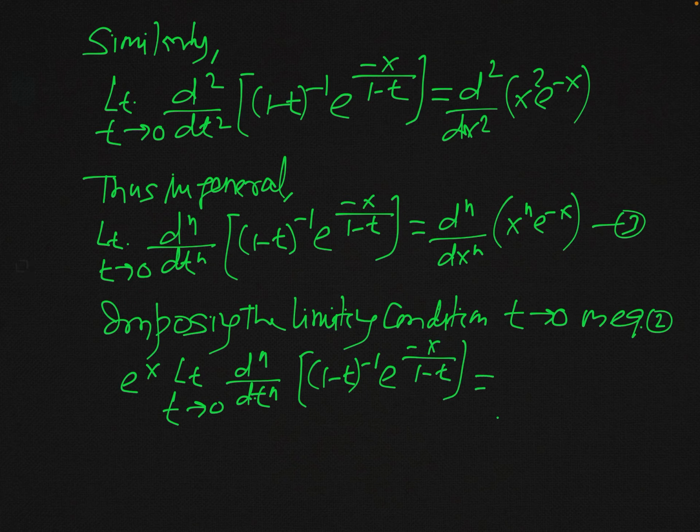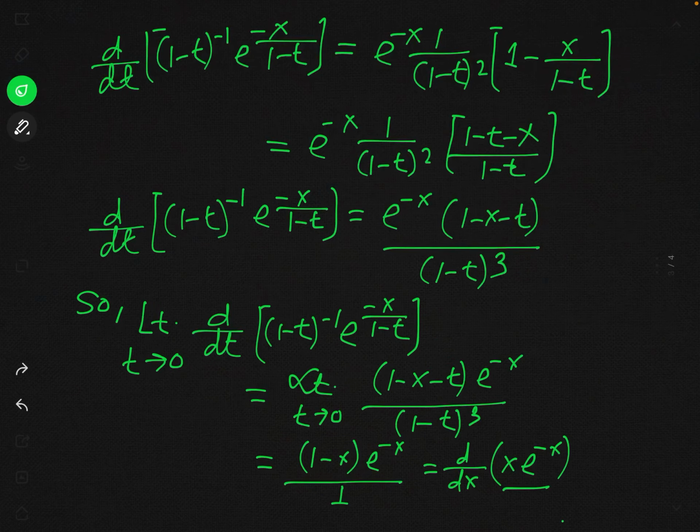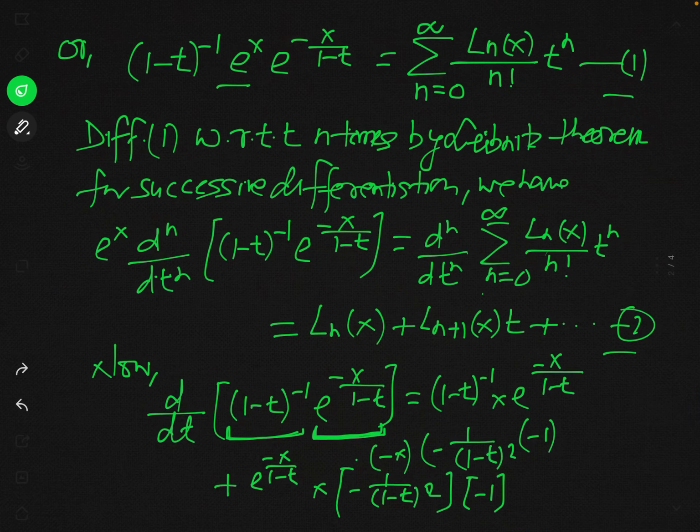And see this equation number 2 here. You can see the LHS is this much, and I have imposed the limiting condition t tends to 0 on it, and see the RHS.